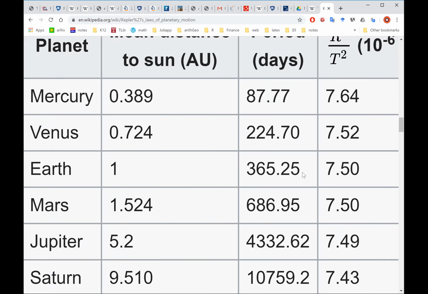Now for the period of the Earth, we have 365.25. It's not exactly 365 days, there is some extra, nearly a quarter day. So this is why we have an extra day every 4 years, which we put in February, so we get February 29 every 4 years.